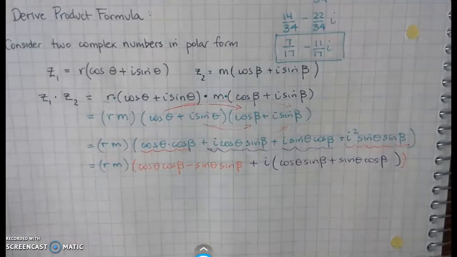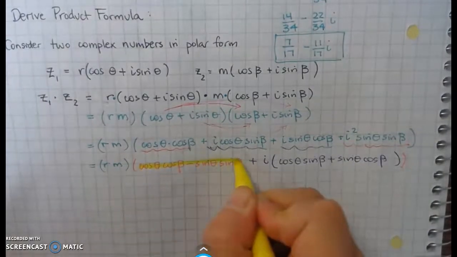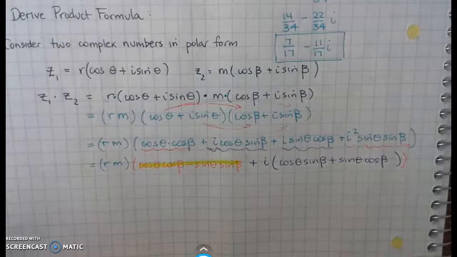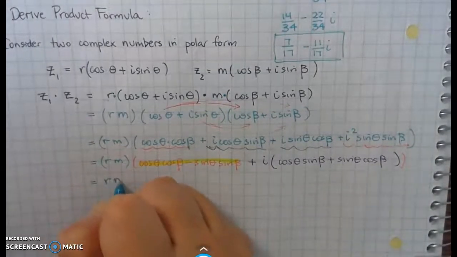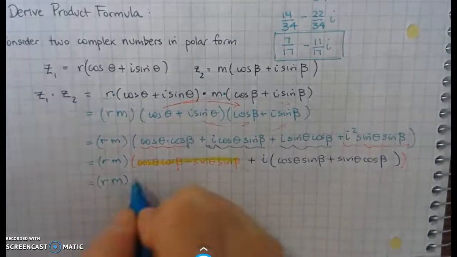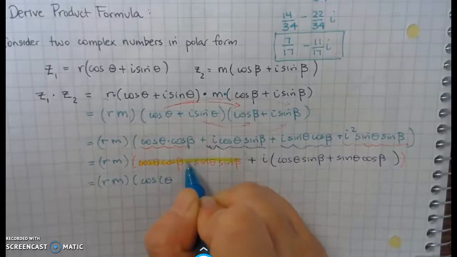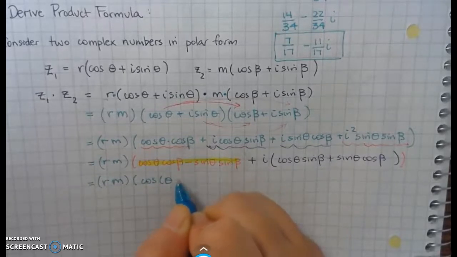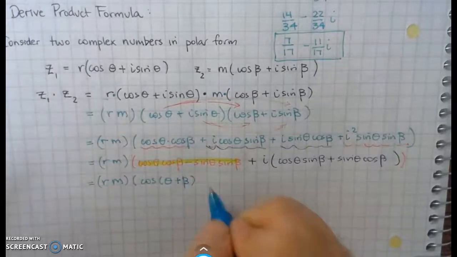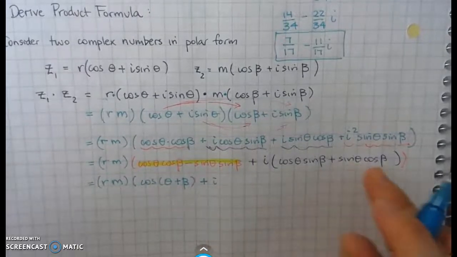Okay, so now what you should notice is, do you notice that this is the sum identity for cosine? Okay, so I can rewrite this as rm multiplied by, remember cosine, cosine, sine, sine, so this is the same as cosine of theta plus beta. Okay, so we need to change this to positive. Okay, and then plus i times, okay, so cosine, sine, sine, cosine.